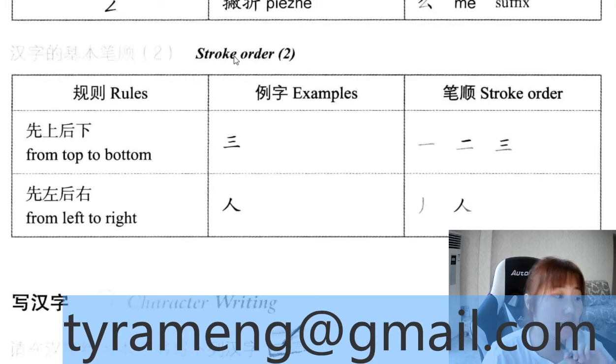Okay, stroke order rules. We need to write from top to bottom, like 三. We need to write the first and the second and the last from top to bottom. And then we need to write from left to right. Do you still remember the stroke rules from the last lesson?